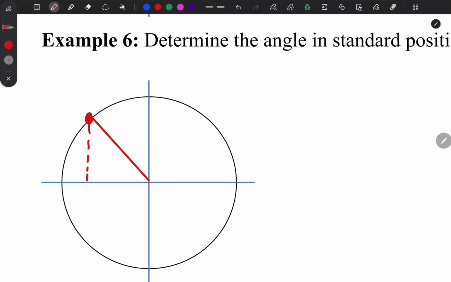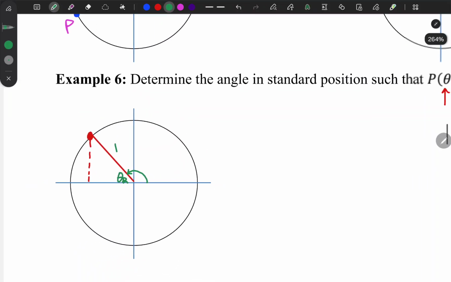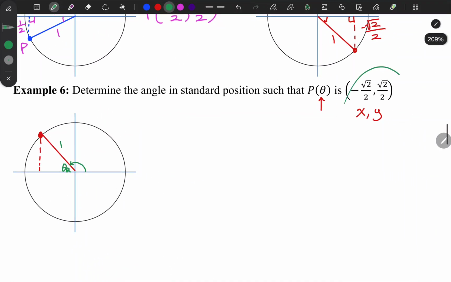There's our angle. So note that this is actually our angle, but we do have a reference angle, theta r, in there. And a radius of 1. We are given here our x and y values, so let's put those in for x and y.